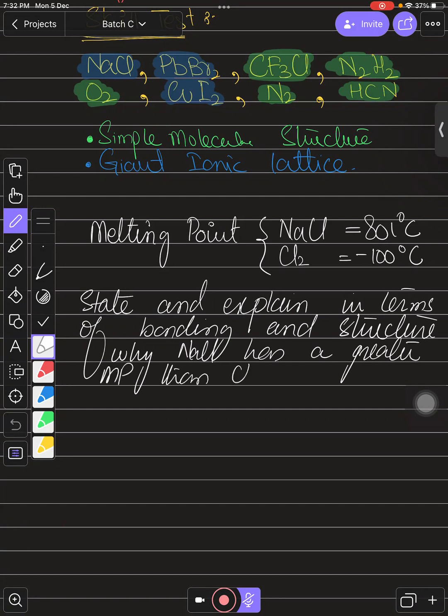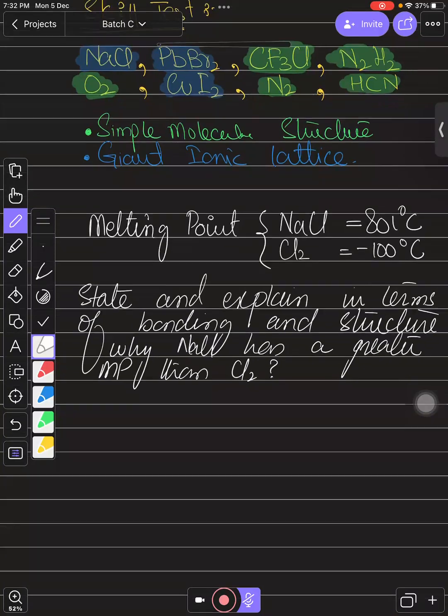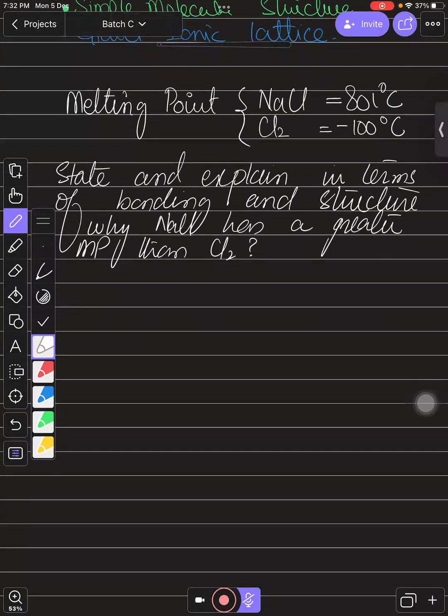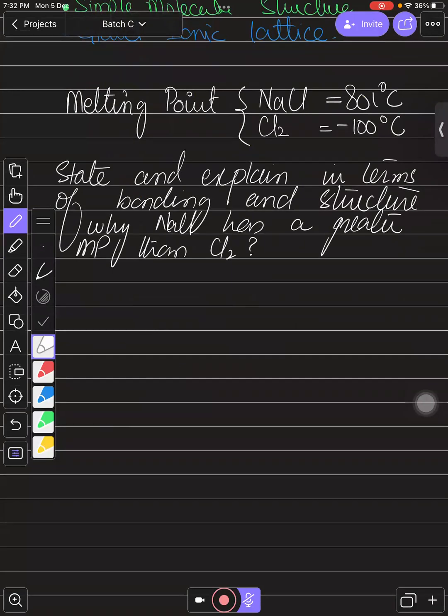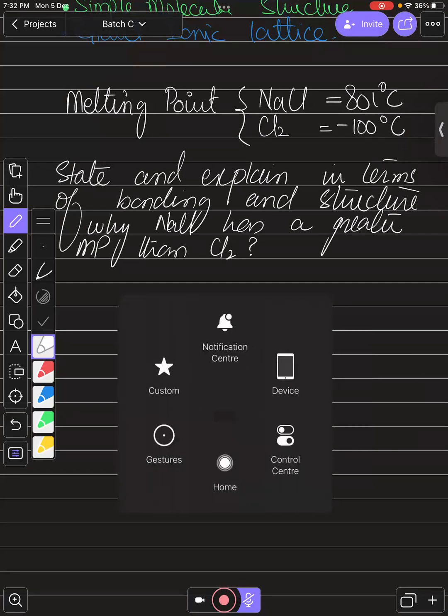This is the question that I want to ask from your side. So you need to answer this. It is for 4 marks. Now you have to answer this for 4 marks. Let's see how many marks you got in this question. Let's start.